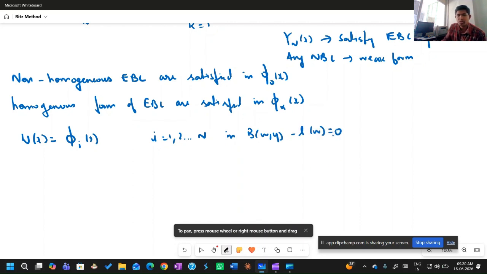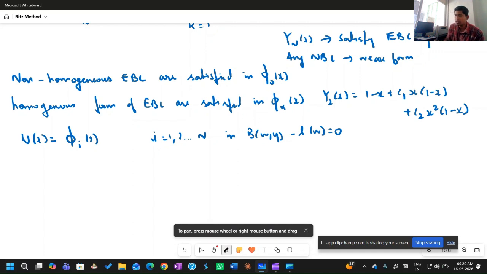We know that our approximate function is y2 of x equal to 1 minus x plus c1 x into 1 minus x plus c2 x squared into 1 minus x.